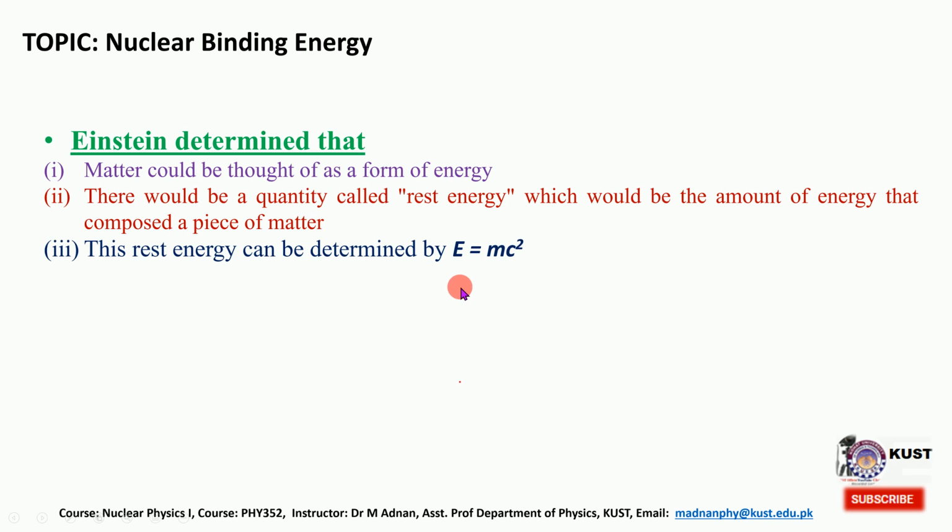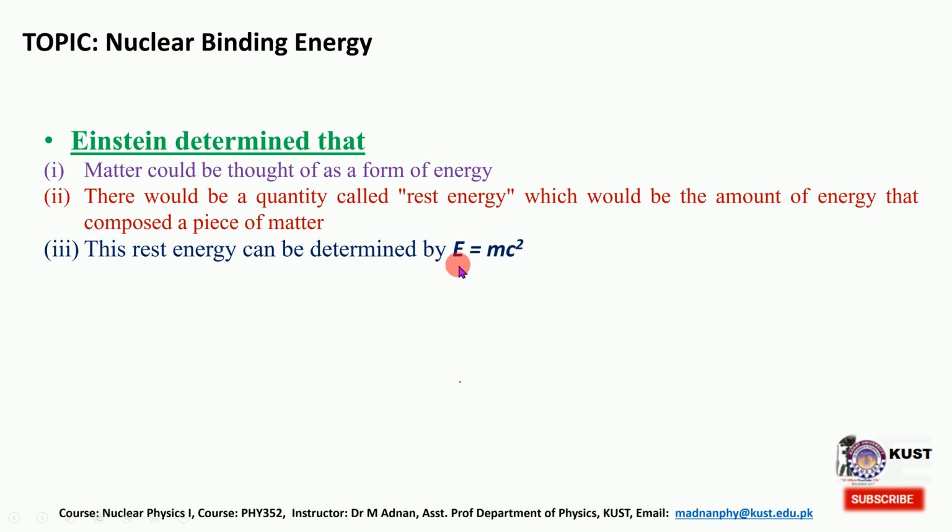Now, this Einstein's equation not only says that mass and energy are equivalent to each other with the speed of light as a conversion factor, or in other words, one can say that energy and mass are just the same thing. That is, mass is a form of energy and they can be interconvertible.